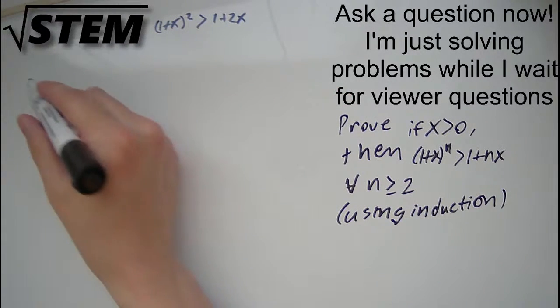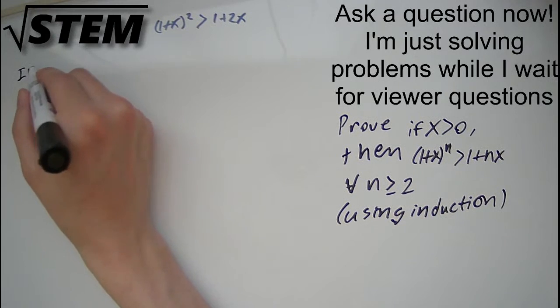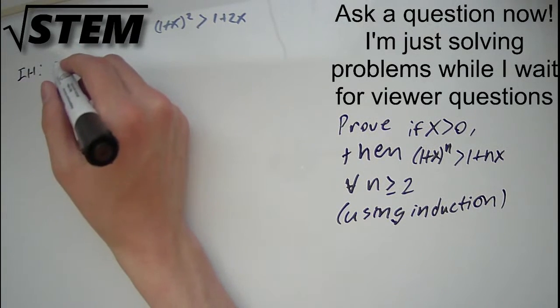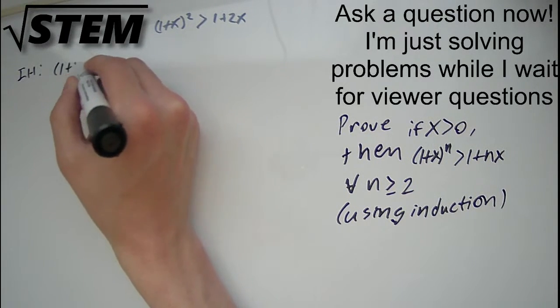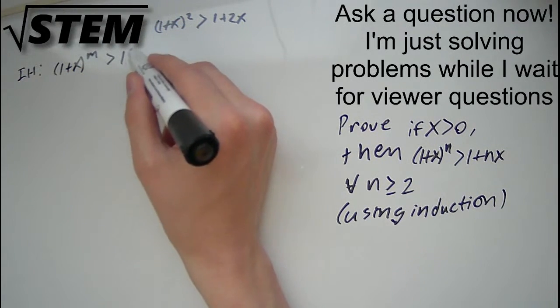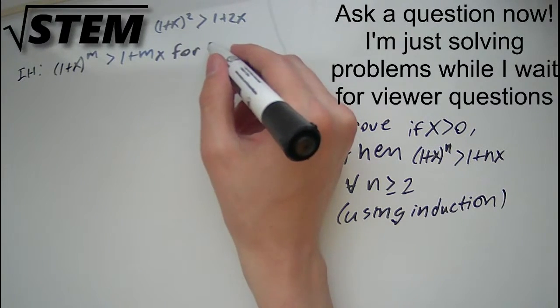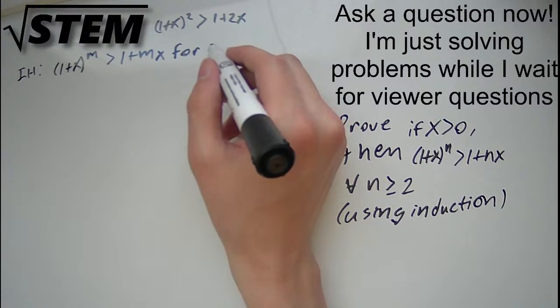Now the induction step. So the induction hypothesis is we're going to assume that 1 plus x to the m is greater than 1 plus mx for some m that is, I believe it can be greater than or equal to.